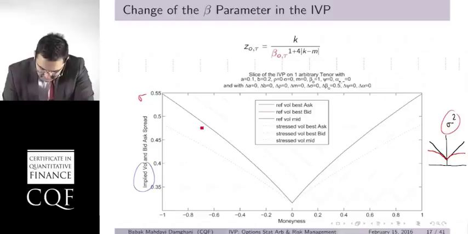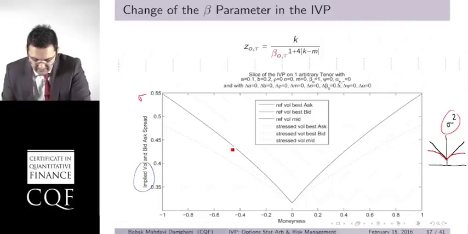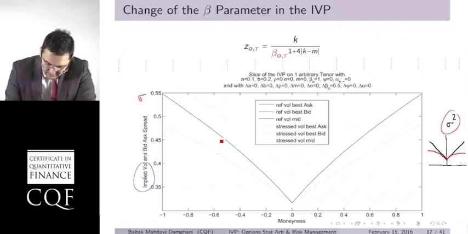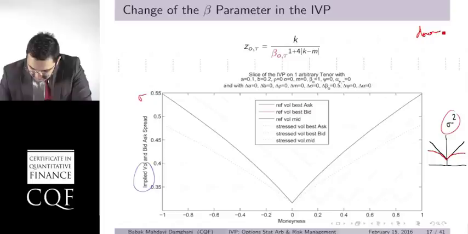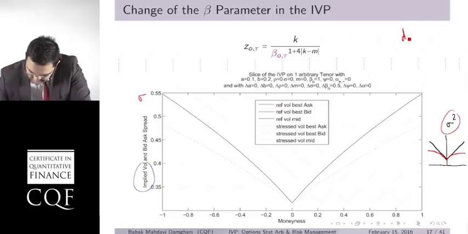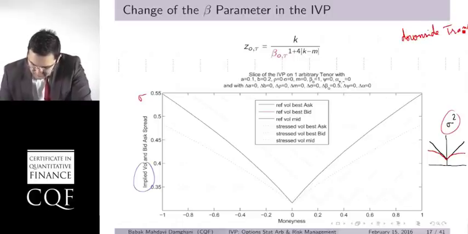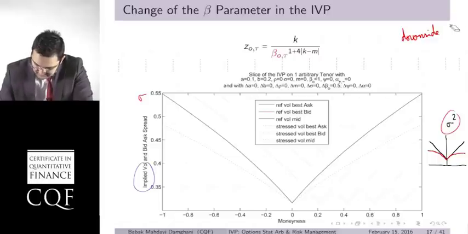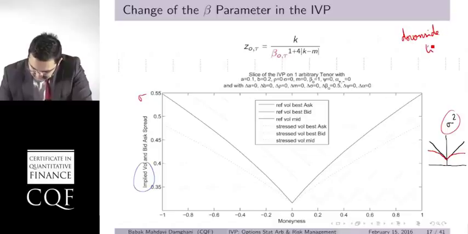Notice that in the implied vol space, there's already a little bit of curvature, so it can be a little bit confusing when you take a look at this one with the vol of vol parameter that we talked about before. So this is what the downside transform is doing.